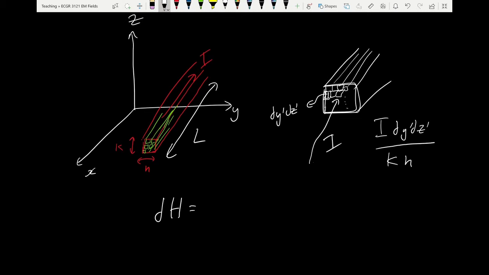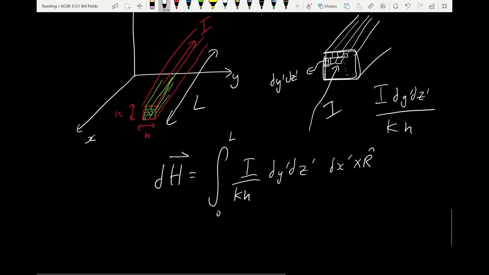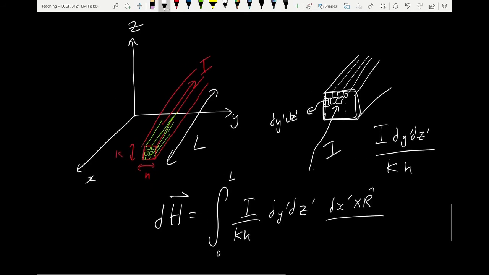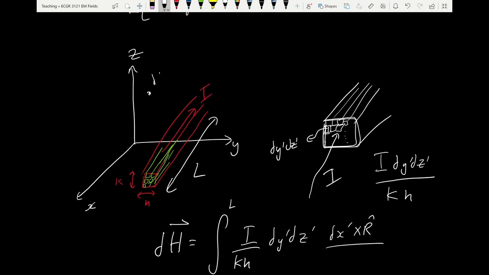So the field due to a single filament is going to be the integral from 0 to L, that's the length of the filament, I over kh dy prime dz prime, right? And then L is in the direction of x, so we have dx prime cross r hat. R hat is the vector. Let's say I need to find the field here, for example, from this filament.